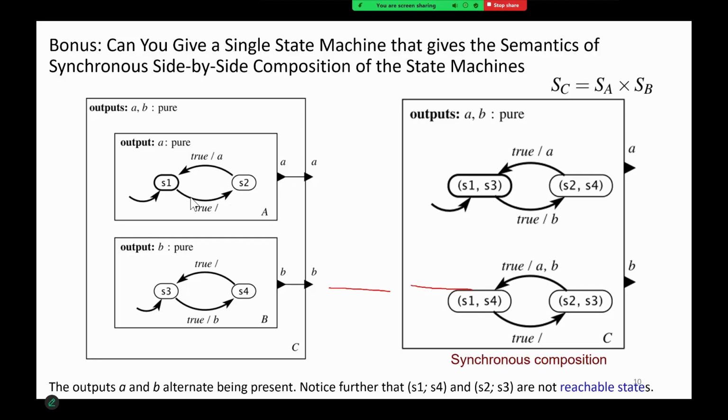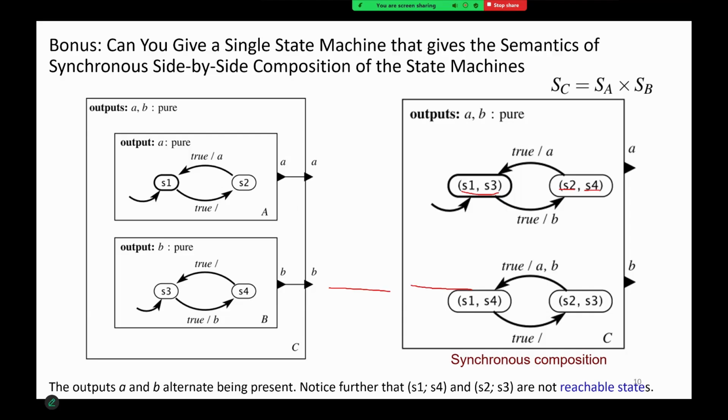And then as they are synchronous, like the circuit, they are happening together. So at each tick or each clock, we have an action on the component A and action on the component B. So in the beginning, we are at S1, S3, which is here, the both initial conditions. And then upon the first tick, we have true going to S2, and we have true also going to S4.